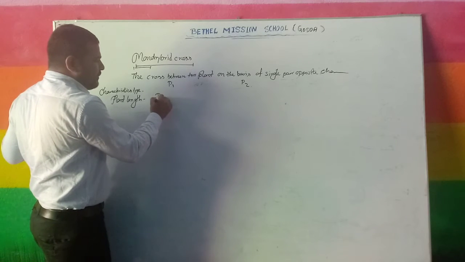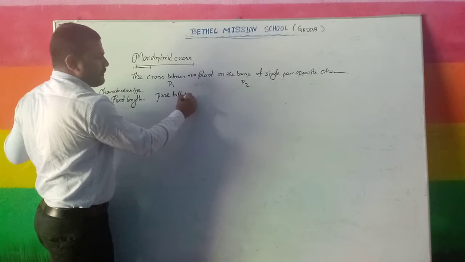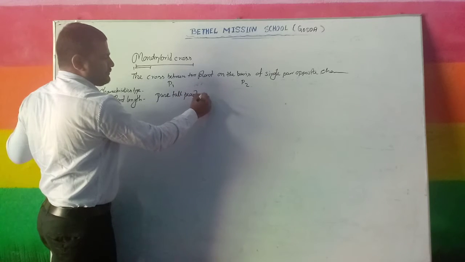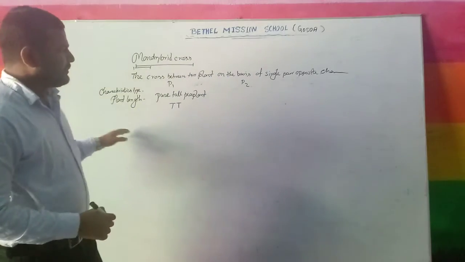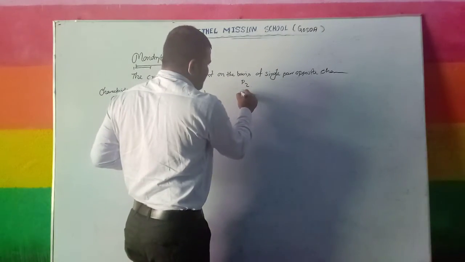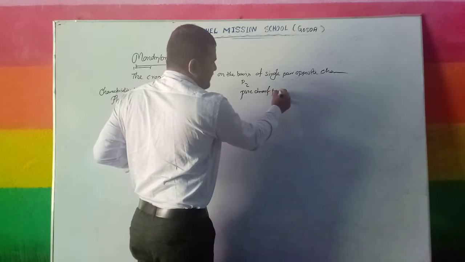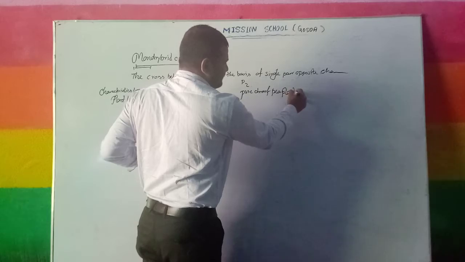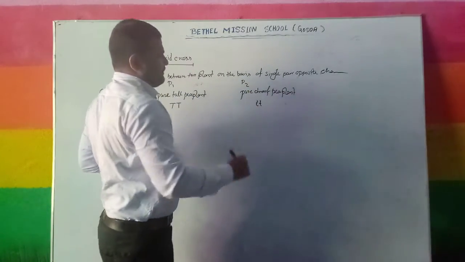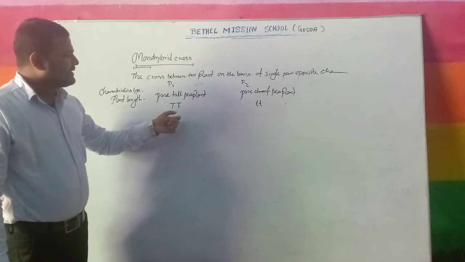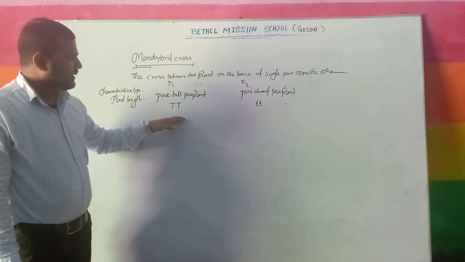One is the pure tall pea plant, which is denoted by the capital T. And another one is the pure dwarf pea plant, which is denoted by the small t. The alternative form of the gene which develops the characteristic is known as an allele.